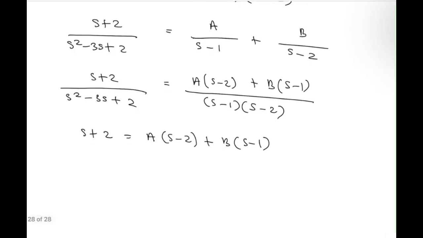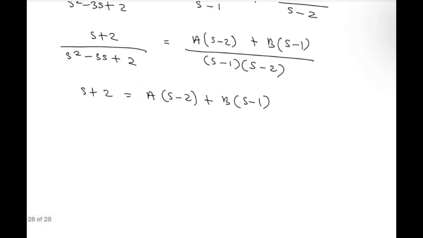Right, so we employ the same strategy. So let's substitute s equal to 1. If I substitute s equal to 1, left hand side will be 1 plus 2 equal to 3. So A, 1 minus 2 is minus 1. B will be 0, so 1 minus 1 is 0. That means A will be minus 3.